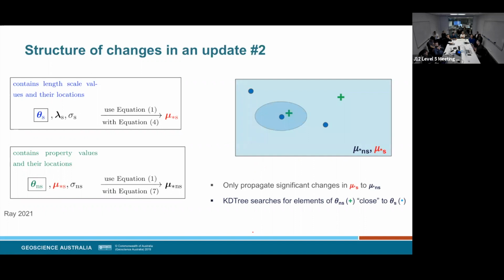And this is where, instead of using Crank-Nicolson, I've just said, not all parts of mu star s change. So for example, I have it color coded here. If I had selected one nucleus in the stationary Gaussian process and perturbed its value, it's going to change mu star s, which extends over this entire blue domain.